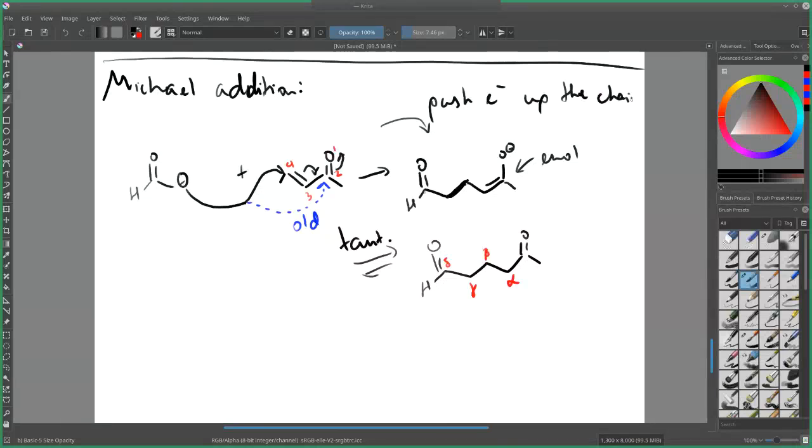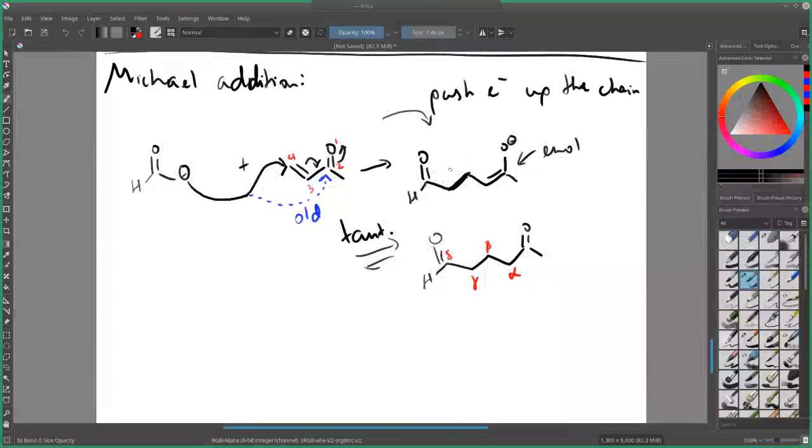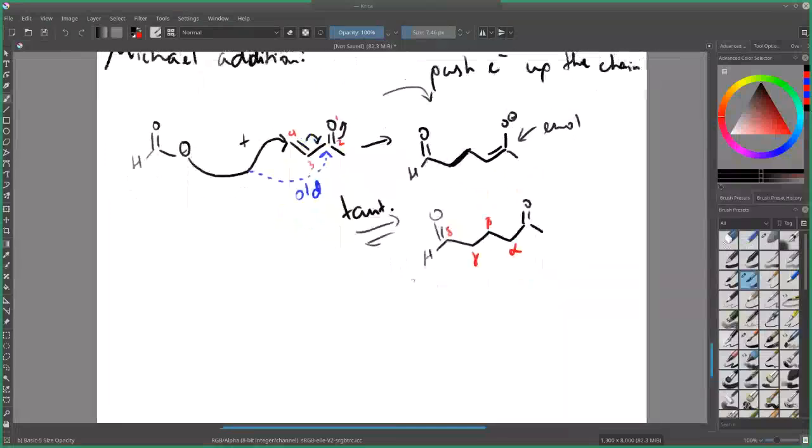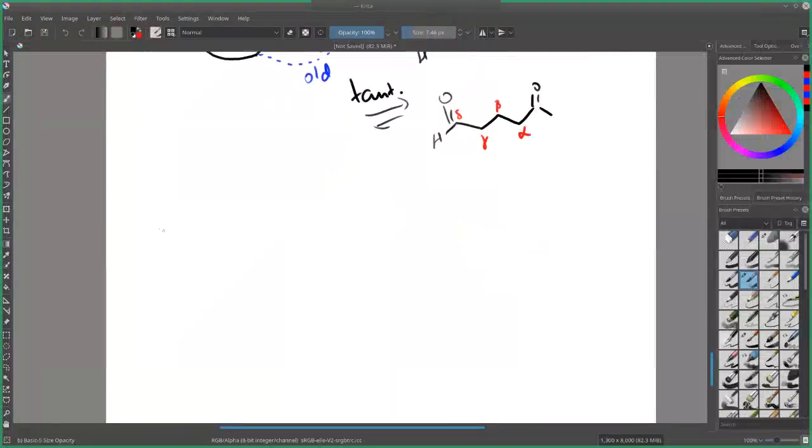So to do this Michael addition, you need to have a conjugated double bond. That's the important part. Okay? And in this case, what you would say is that this thing is your donor, and this conjugated system is your acceptor.